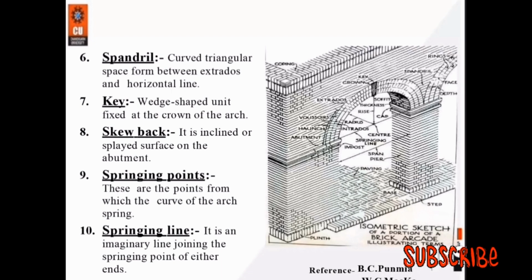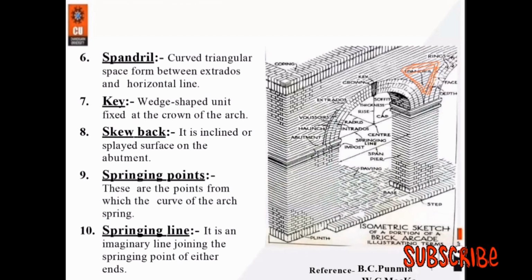You can see in the sketch this is triangular, formed between this extrados and this extrados, and this horizontal line. This is called spandrel.